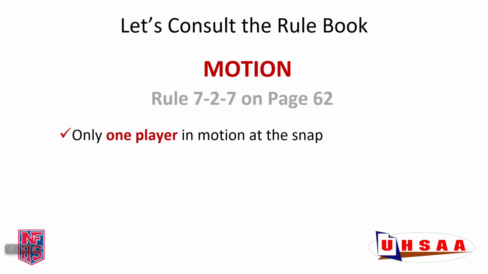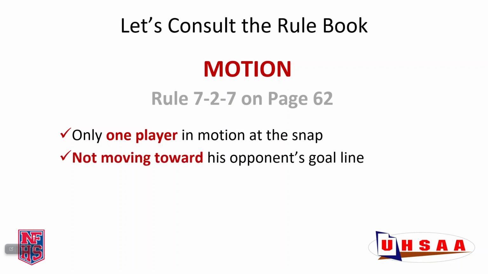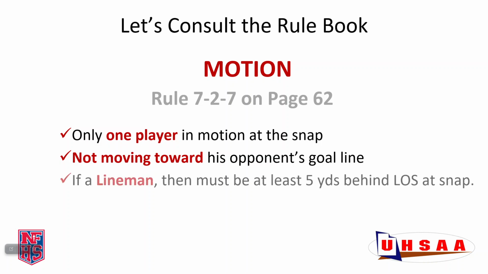Basically, this rule says that only one player may be in motion at the snap. That player must not be moving toward his opponent's goal line. If that player begins as a lineman, in other words, an end on the line of scrimmage, then he must be at least 5 yards behind the line of scrimmage at the snap. That means they started with 8 or 9 on the line of scrimmage and then put the fourth back, turned him into a back at the snap.